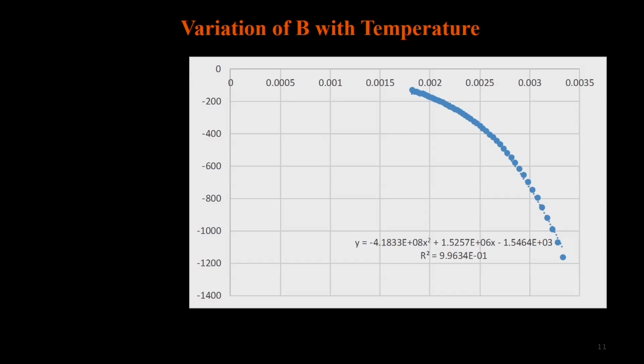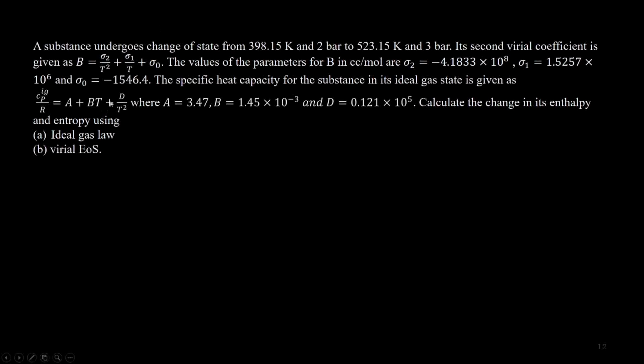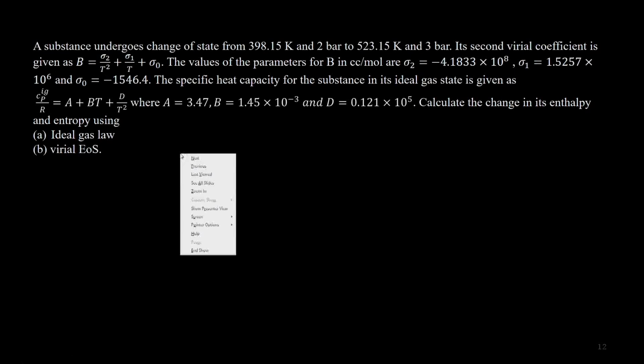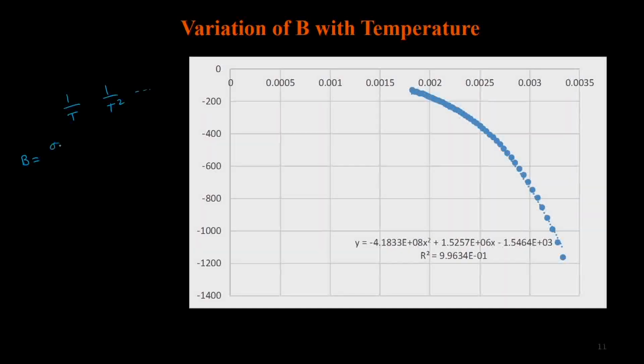The most convenient one is a polynomial either in T or 1 over T, more often the case, 1 over T squared, etc. And as you see here, B is written as sigma 2 over T squared plus sigma 1 over T plus sigma naught, and the values of sigma are given here. Those are the values of sigma 2, sigma 1, and sigma naught.